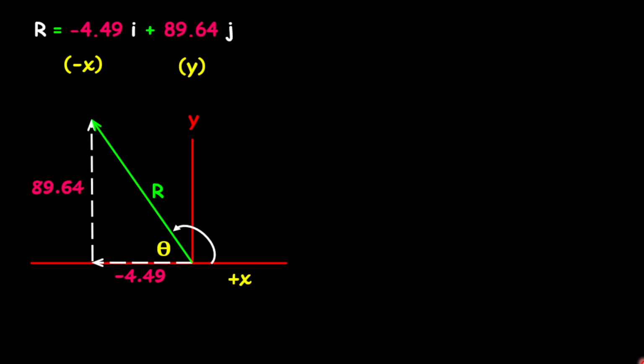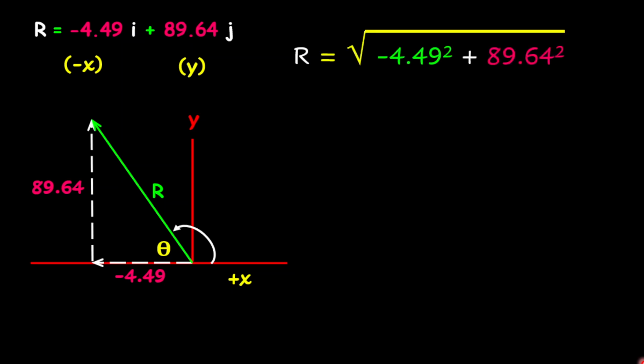So let's jump into some calculation. To find R, it is the sum of the other two sides squared. So we have negative 4.49 squared plus negative 89.64 squared, and once you get that, you should get your answer as 89.75 newtons.